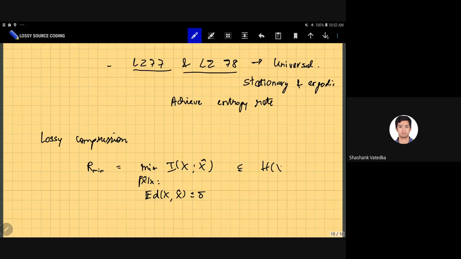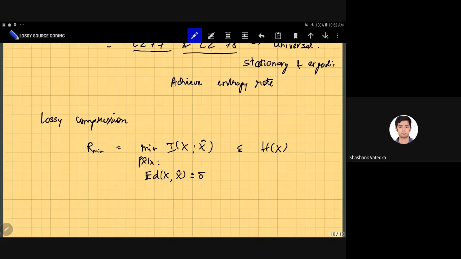This is less than or equal to h of x, right?